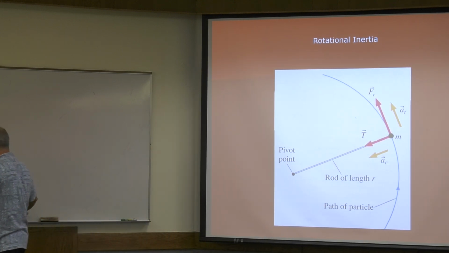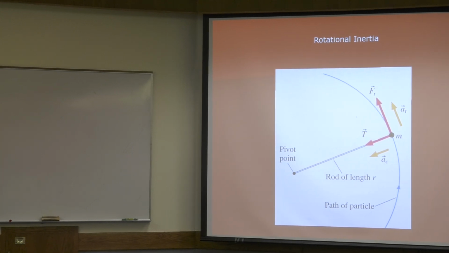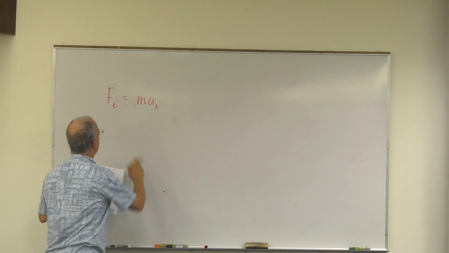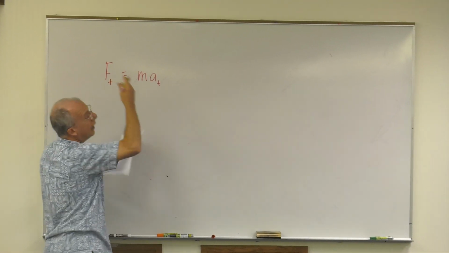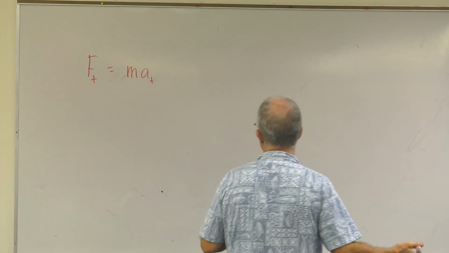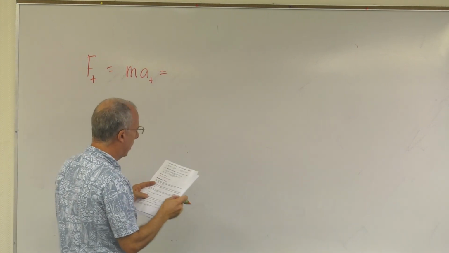All right. We've got to do a little playing around with equations. So that tangential force, Ft equals m a_t. No kidding! Newton's second law, F equals ma. So that's not a big surprise. Now, what did we learn earlier?